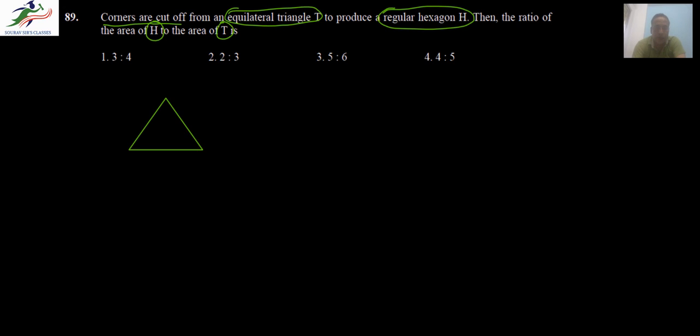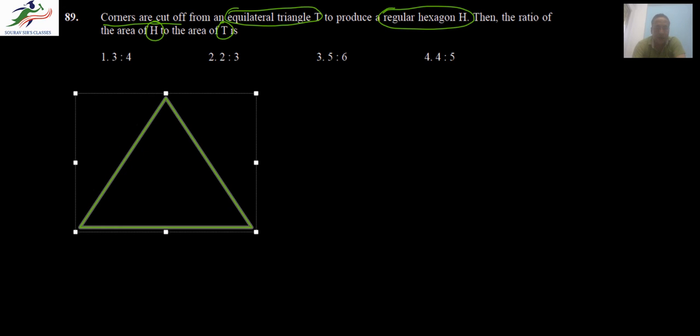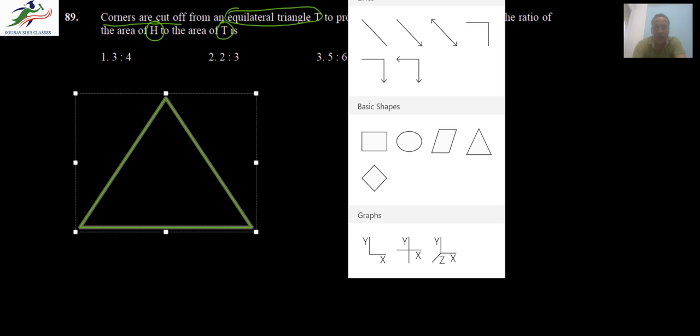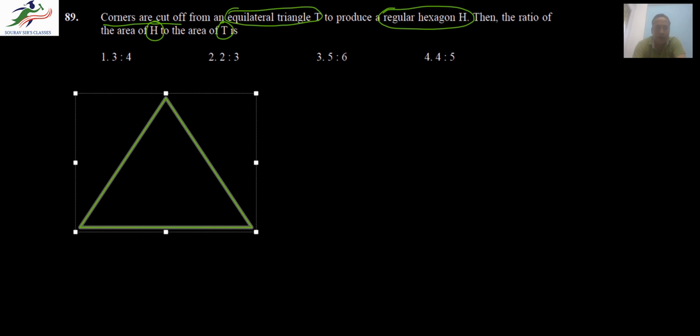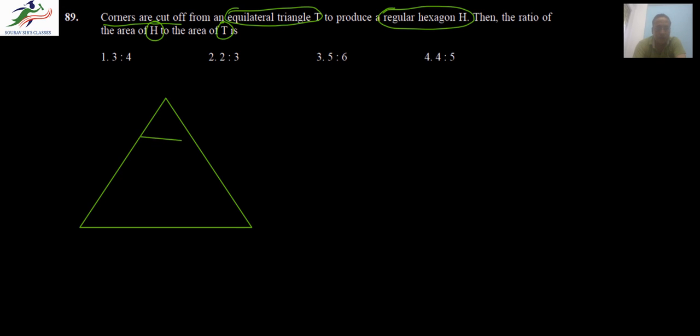So we have an equilateral triangle, and from that we will cut off the corners. So it will be like this, and one more we have to do.